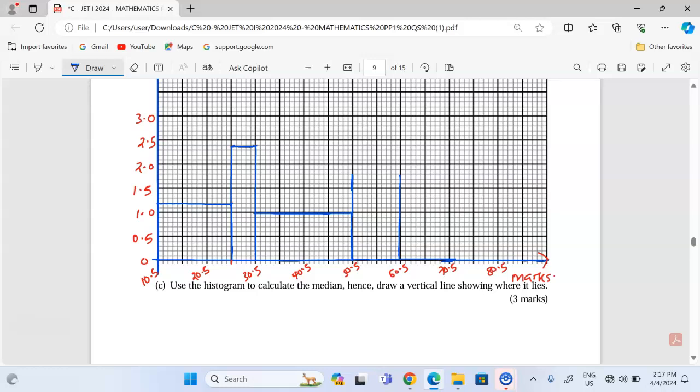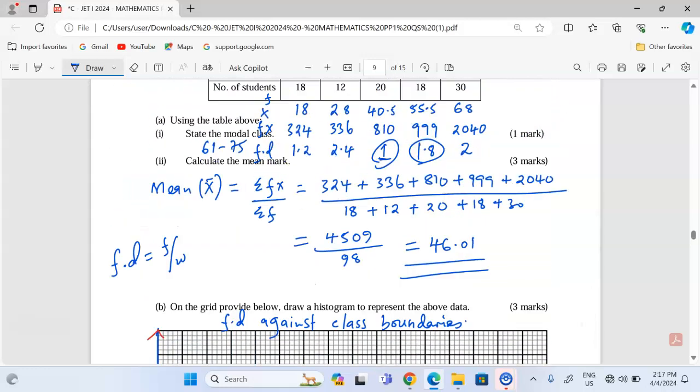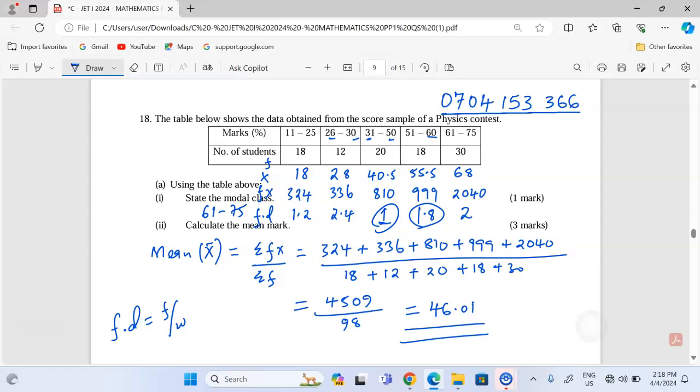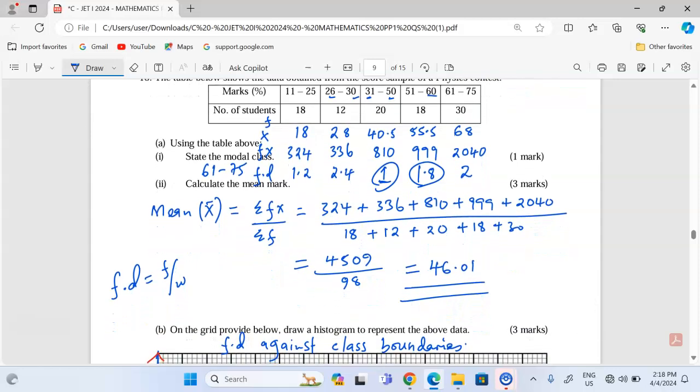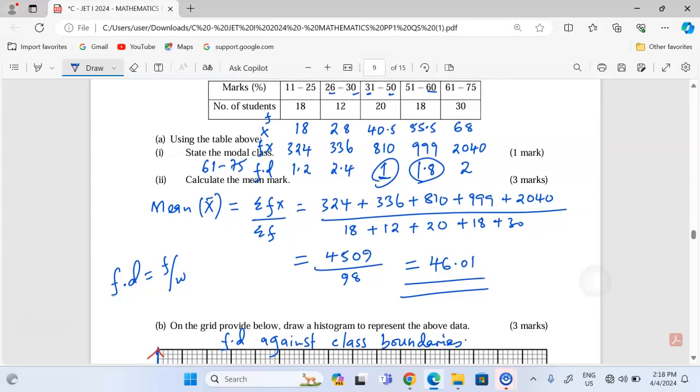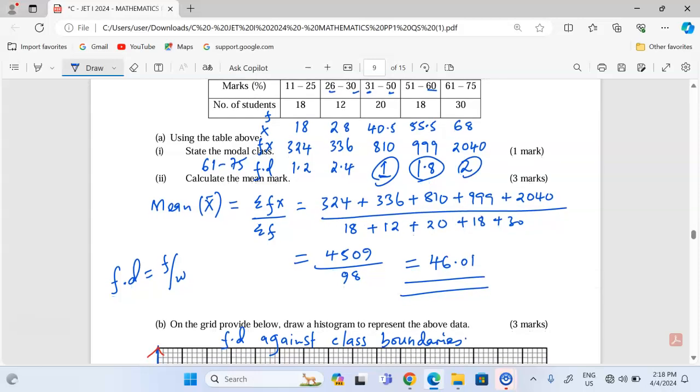That's the fourth class, and finally from 60.5 to 75.5 with a height of 2.